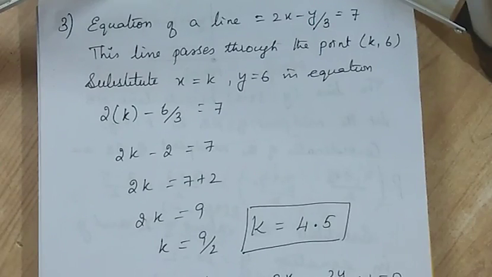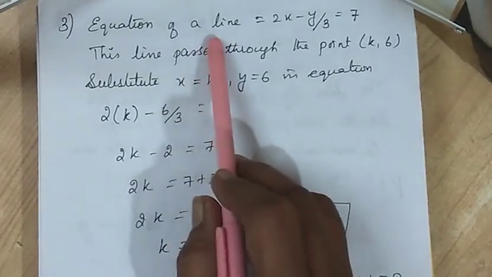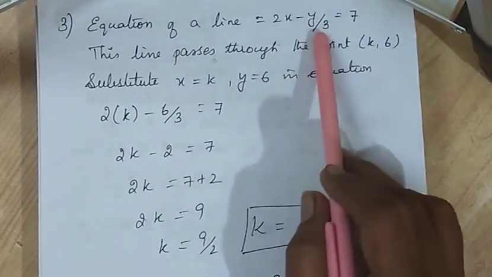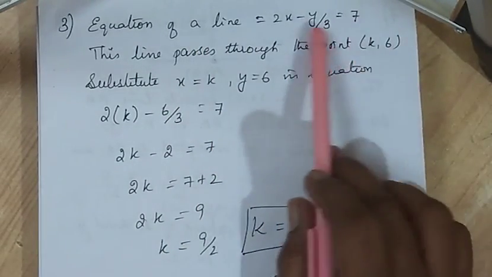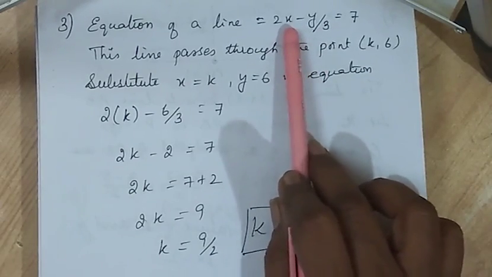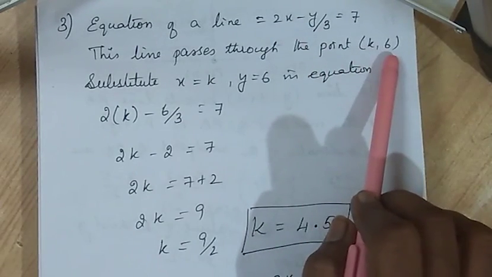Now see the third sum. The line given by the equation 2x minus y upon 3 is equal to 7 passes through the point (k, 6). Calculate the value of k. Equation of a line given, 2x minus y upon 3 is equal to 7, and this line is passing through the point (k, 6).